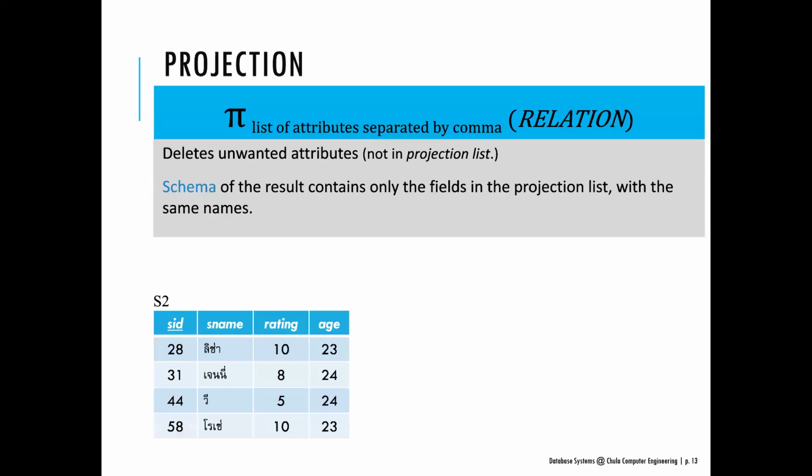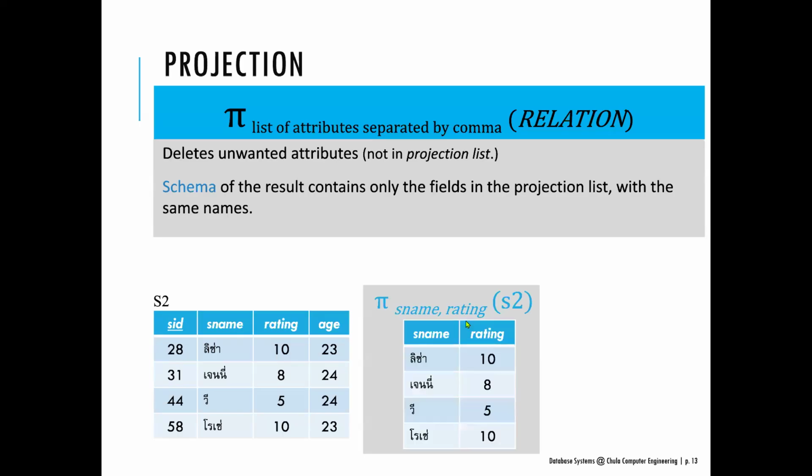For example, if I have S2 here, I have SID, S name, rating, and age. And if I say project from S2, just S name and rating, then I will have the result of how many attributes? Just these two, right? Because I want to project just these two. So I have just S name and rating.